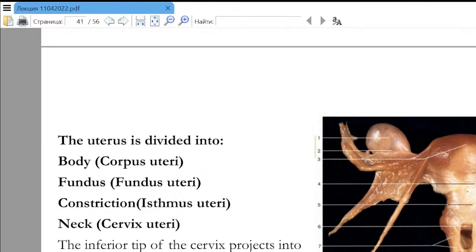The inferior tip of the cervix projects into the vagina. The cervix forms a tough fibrous ring that keeps the uterus closed and the fetus within it during pregnancy.